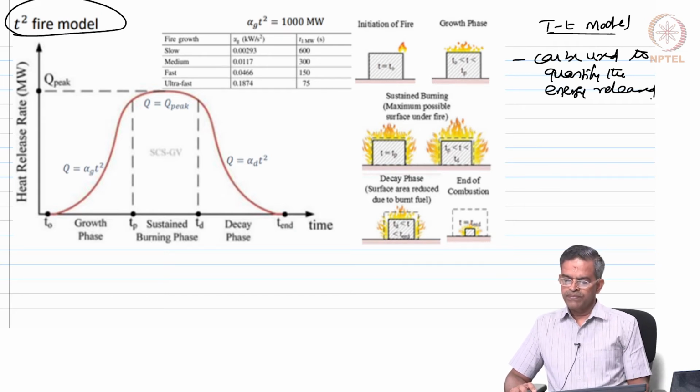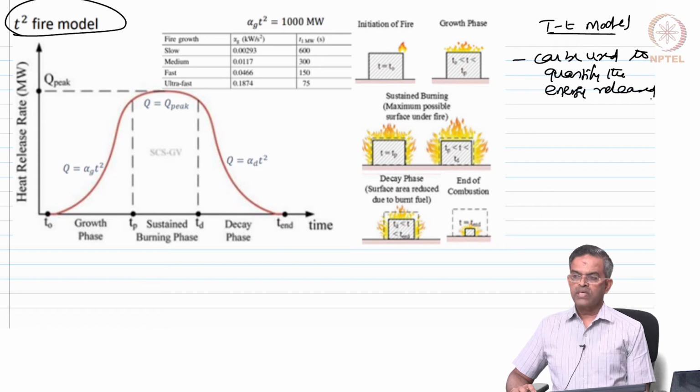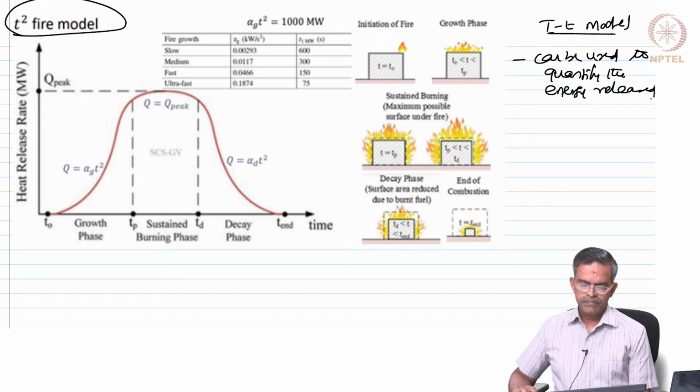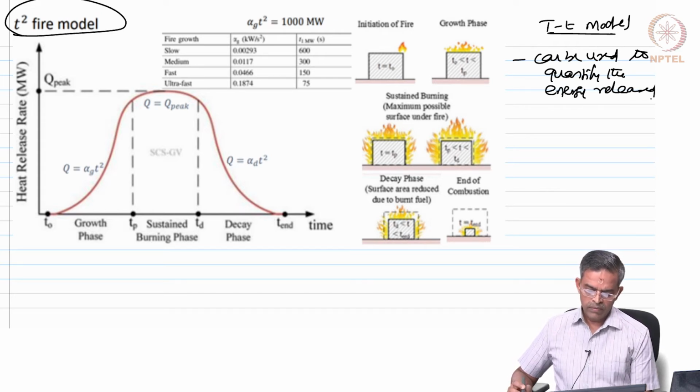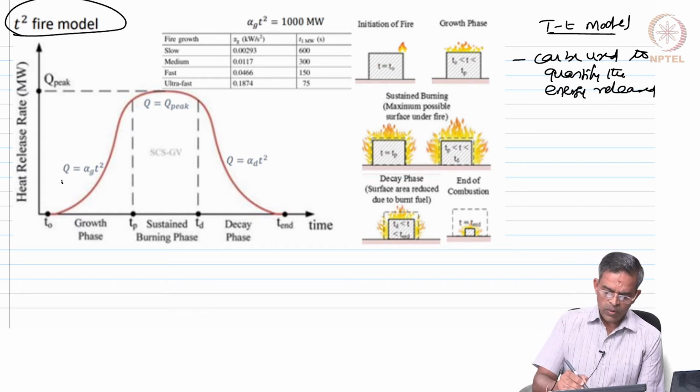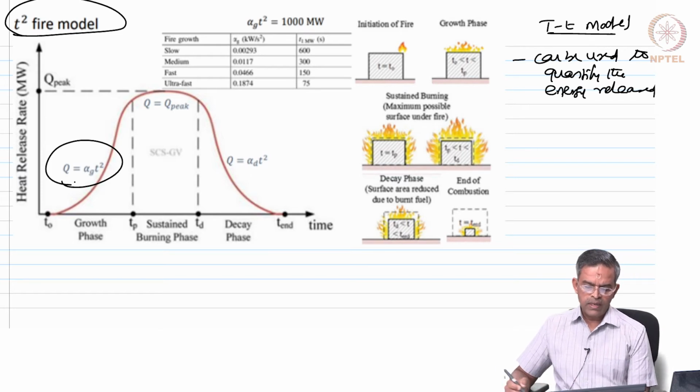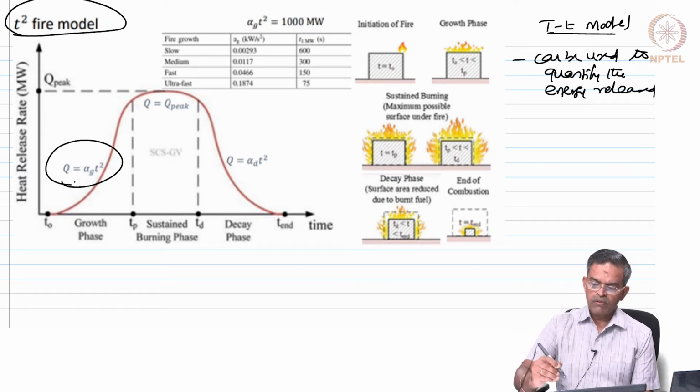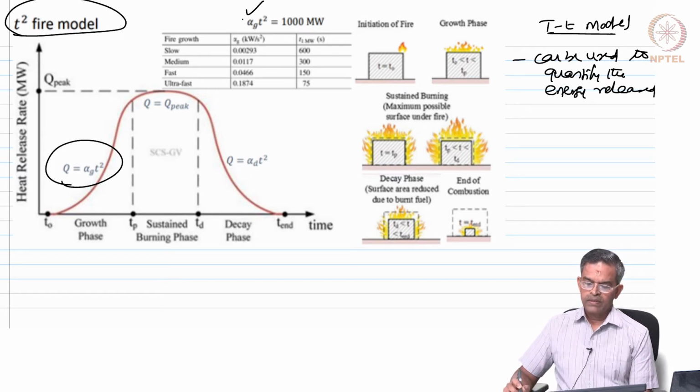Furthermore, friends, you can also see the time heat release rate curve, where alpha g T square, which is the heat release rate, depends on a factor which is there for different kinds of fire.